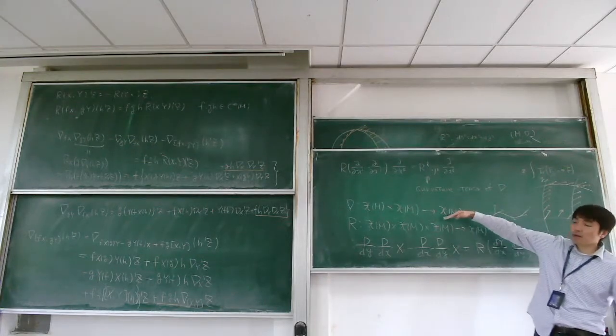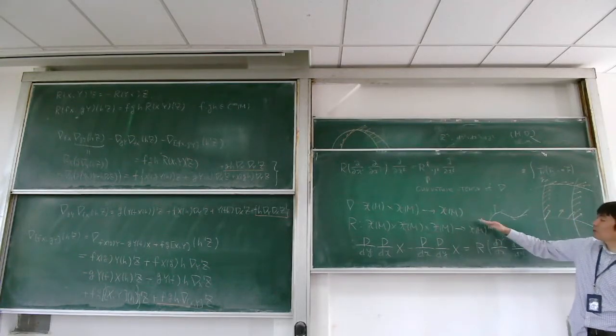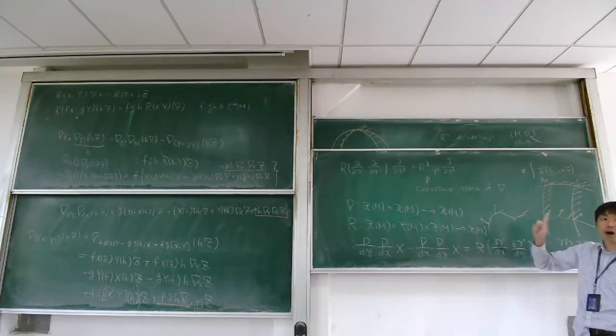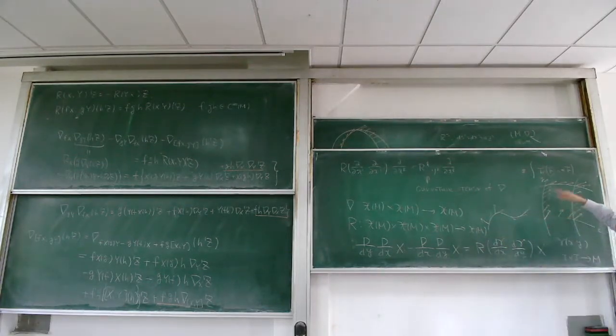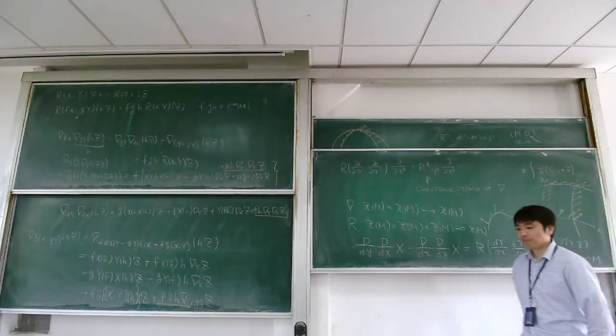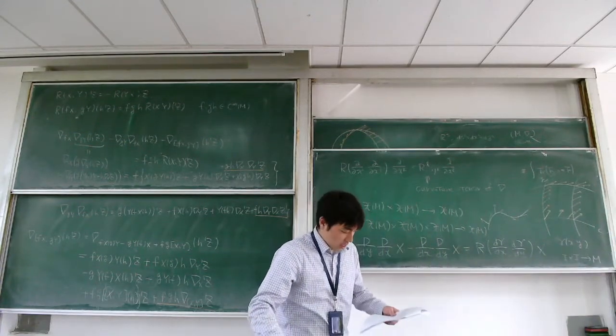You know, in nabla, it just gives you the parallel transport along a curve. So you need one copy of curve, but you need two copies of curves to measure the curvature.